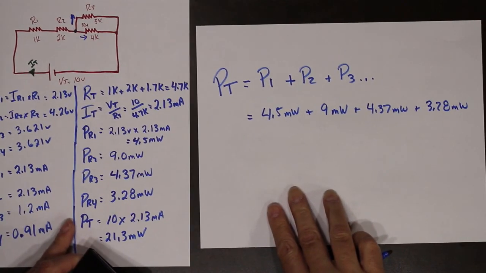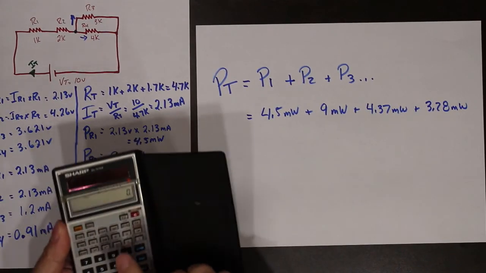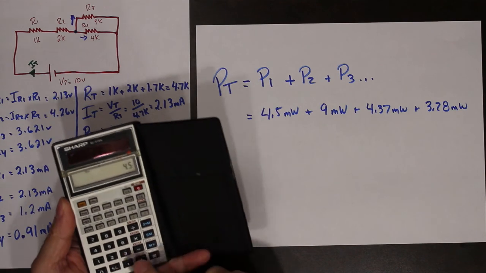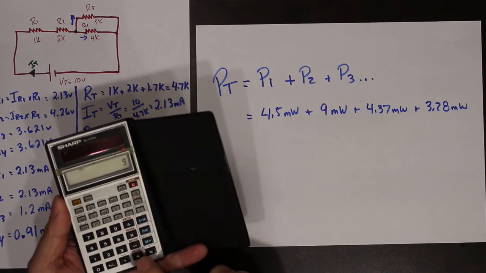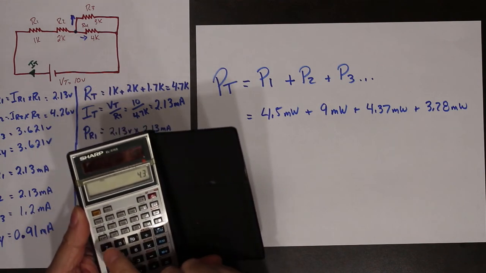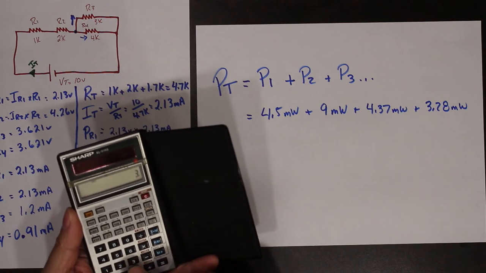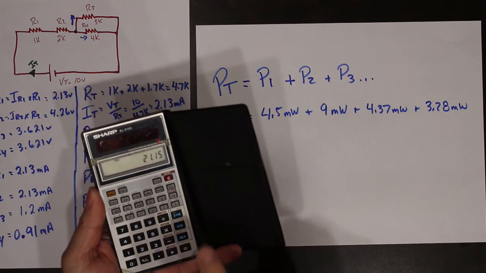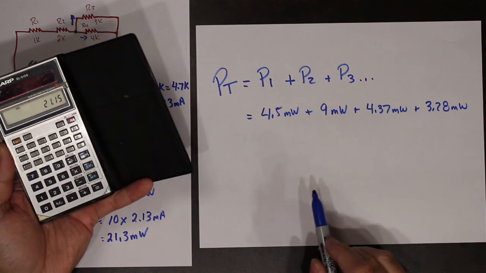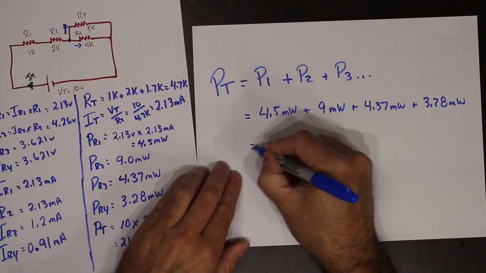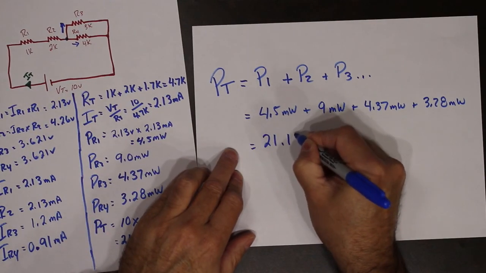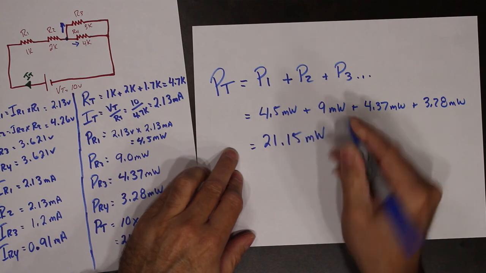Let's add those up. 4.5 milli plus 9 plus 4.37 plus 3.28 equals 21.15 milliwatts.